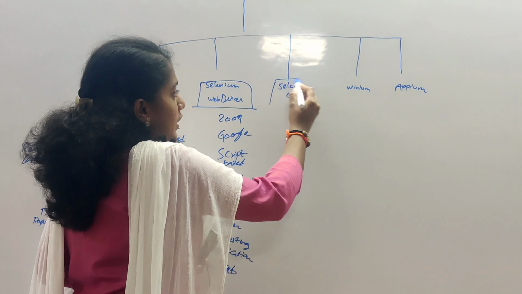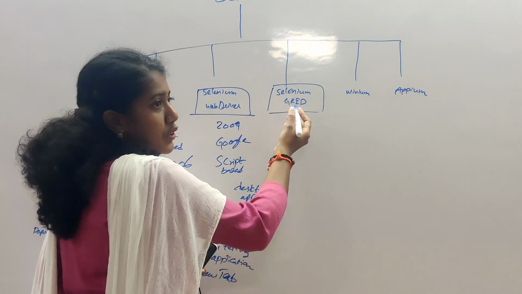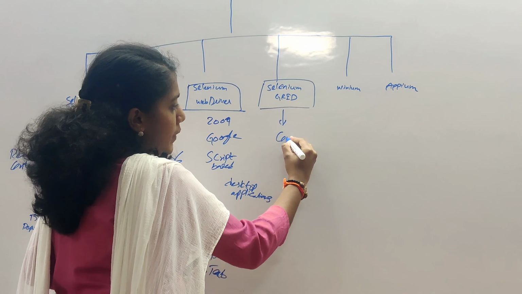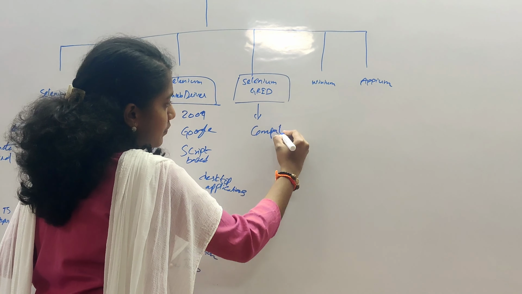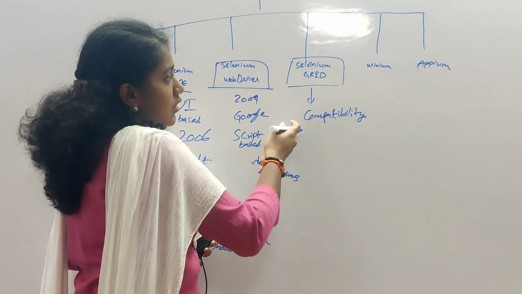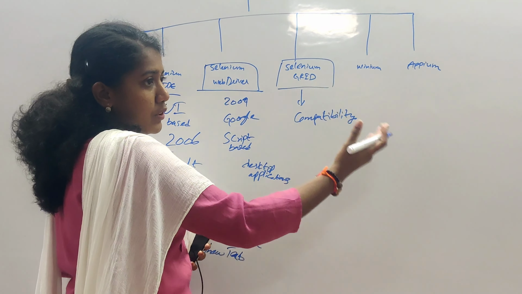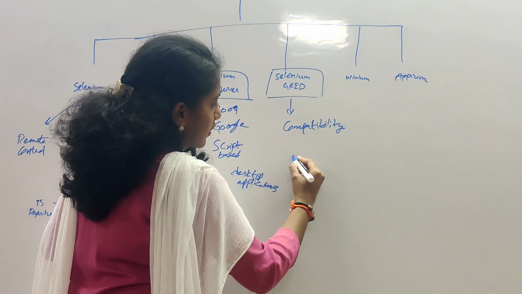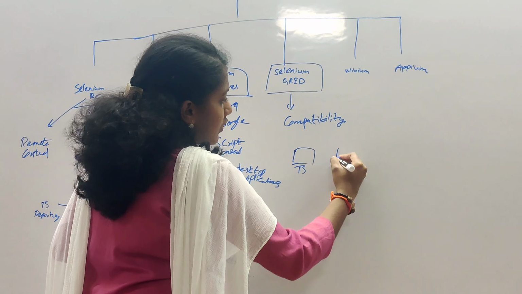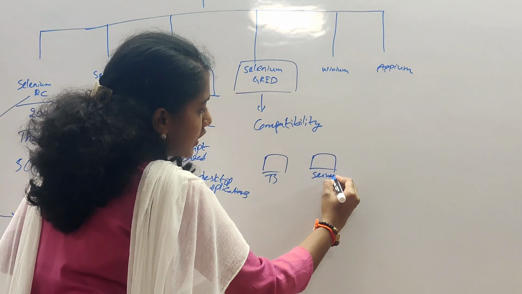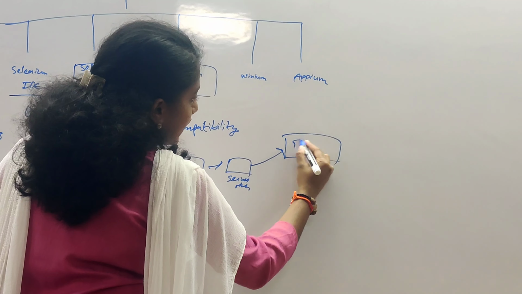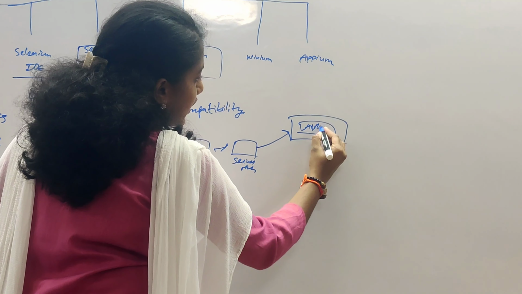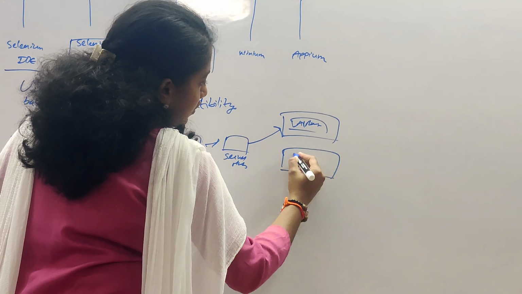When coming to the Selenium Grid, it is mainly used to check the compatibility issues of the application. Here we will be checking the application in multiple browsers, with the test script and the server hub.